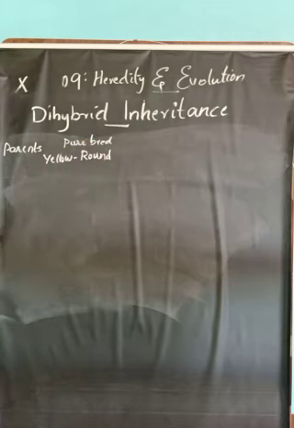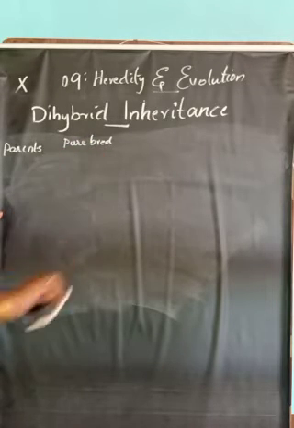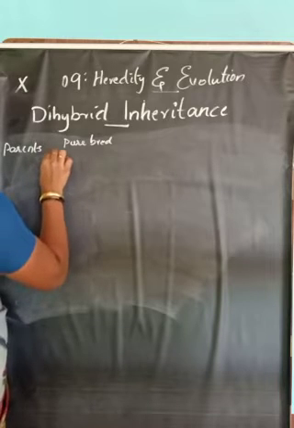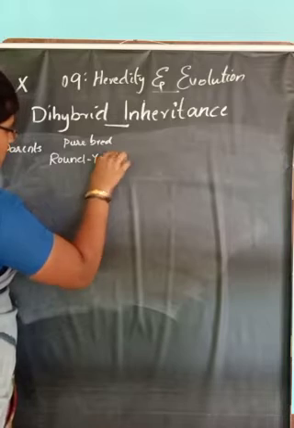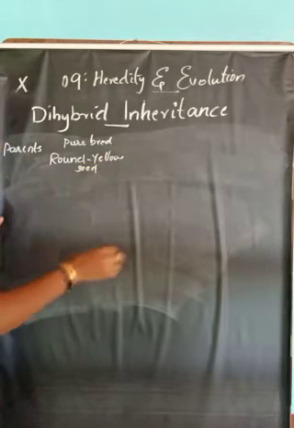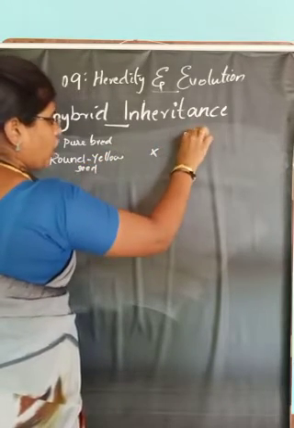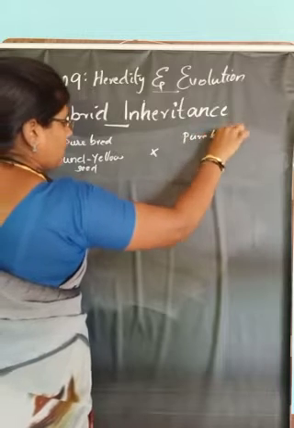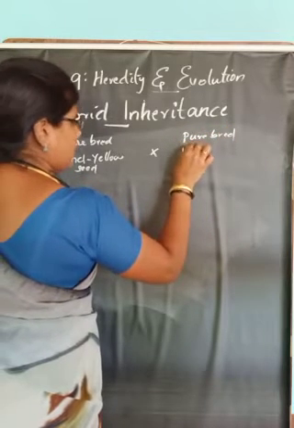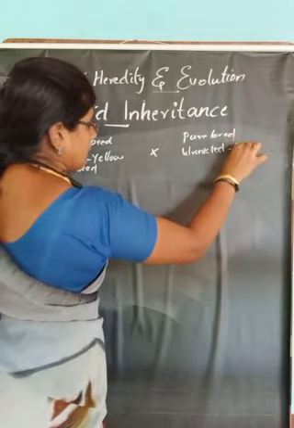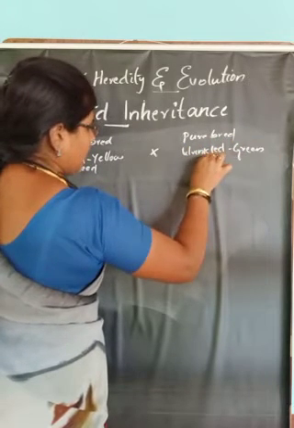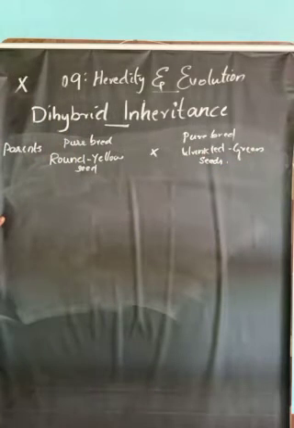We will select shape first. Pure breed round yellow seeds bearing plants were crossed with pure breed wrinkled green seeds bearing plants.